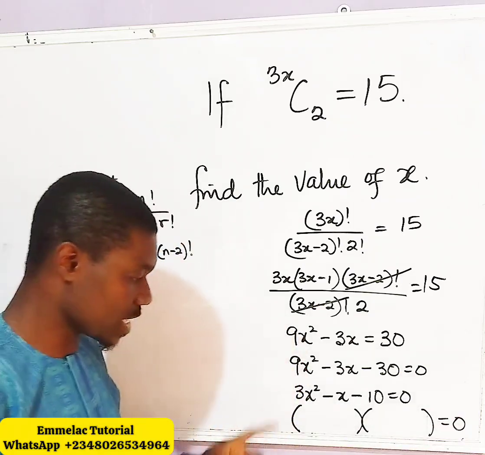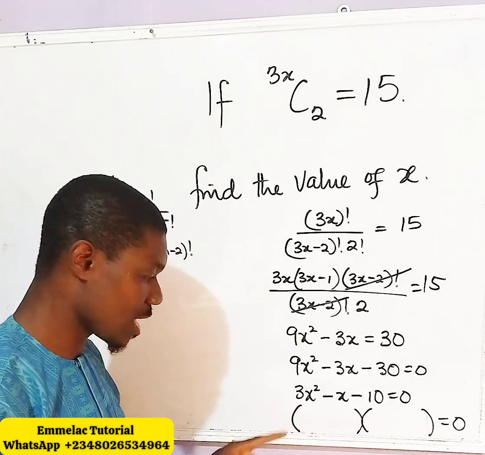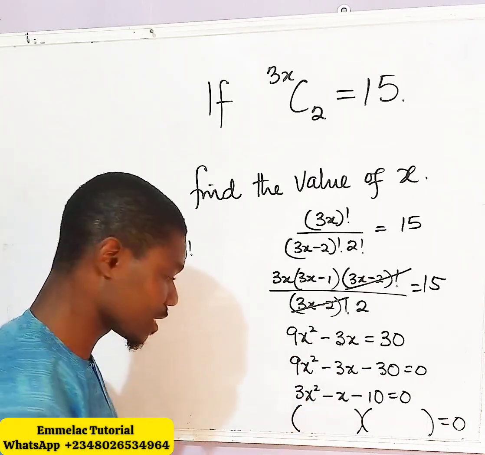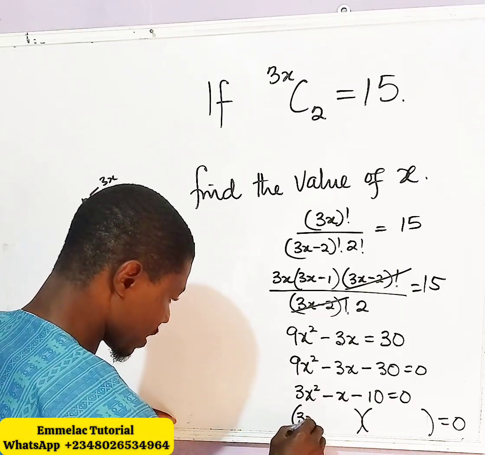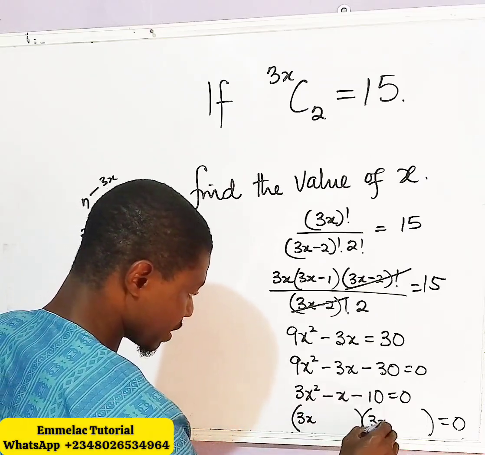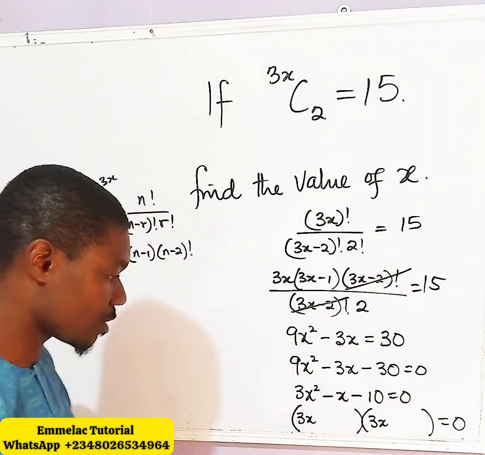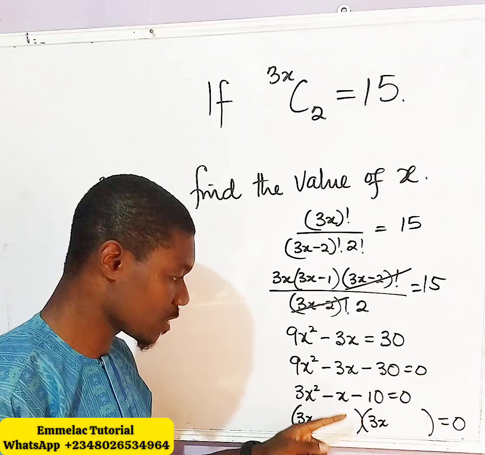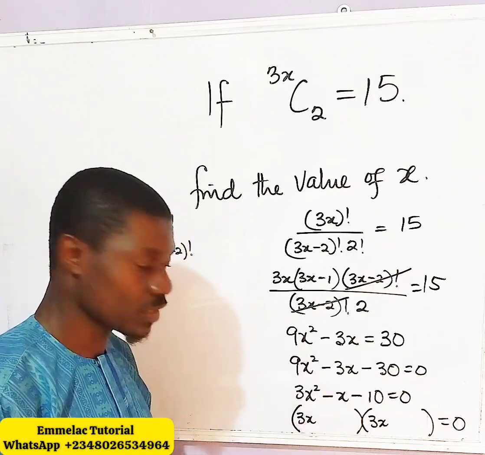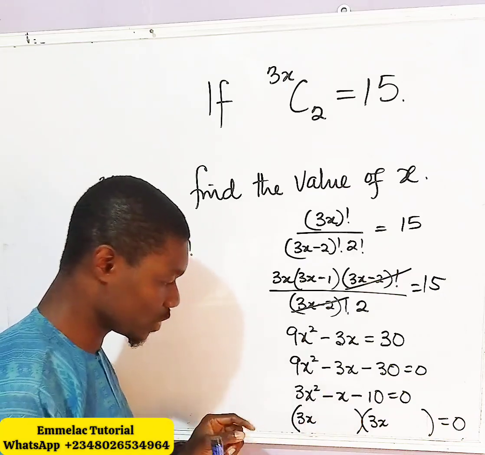The leading coefficient here is 3 and the variable here is x. So let us include 3x here, then 3x here. Take note, here we have a minus and minus.